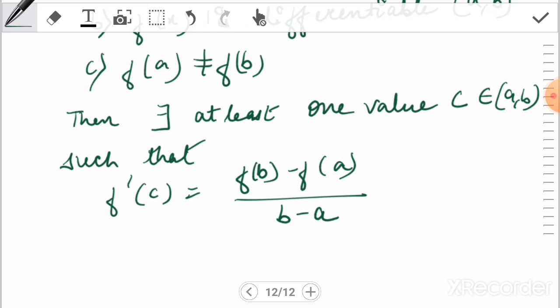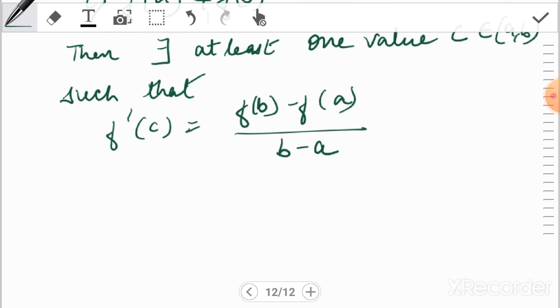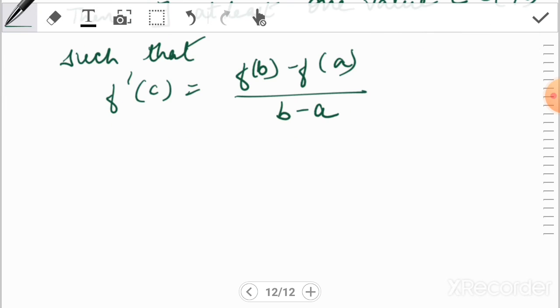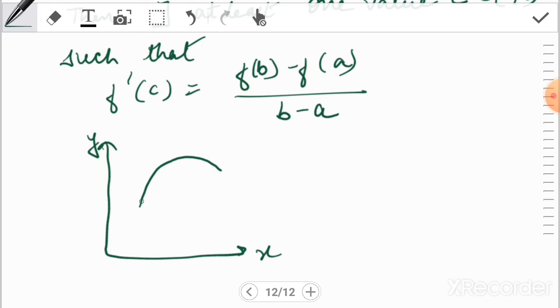Okay, let us see the geometrical interpretation. If we have a curve like this, this is A and this is B, so x is equal to a and x is equal to b.